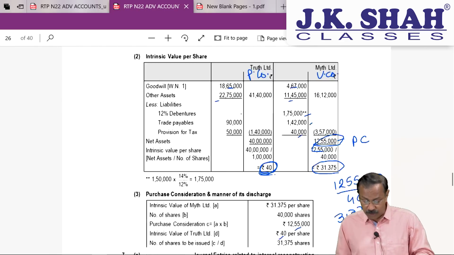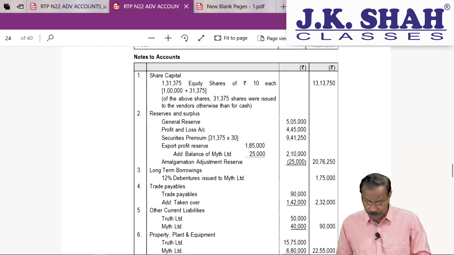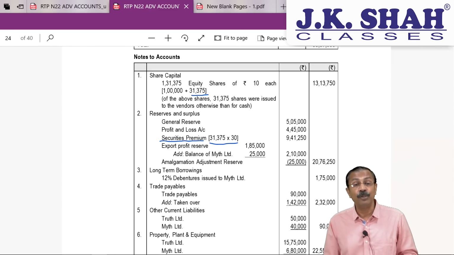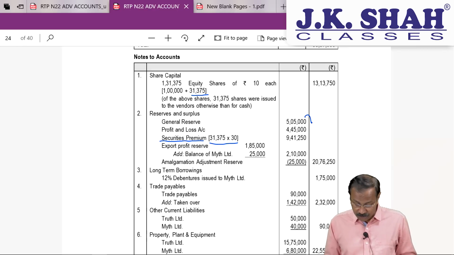Based on this, you just have to prepare the balance sheet, remember. See, share capital 31,375 shares of rupees 10 each, and see securities premium 31,375 shares into 30 rupees, remember. This general reserve and P&L will be only of purchasing company, Truth Limited.